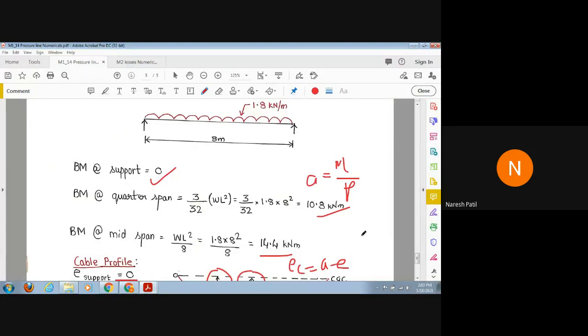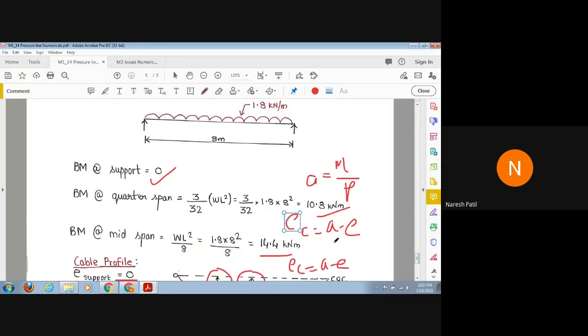Have you got 43.2? Yes, sir. Now how will you calculate EC? What is the formula for EC? EC is equal to A minus E. So 43.2 minus 40.